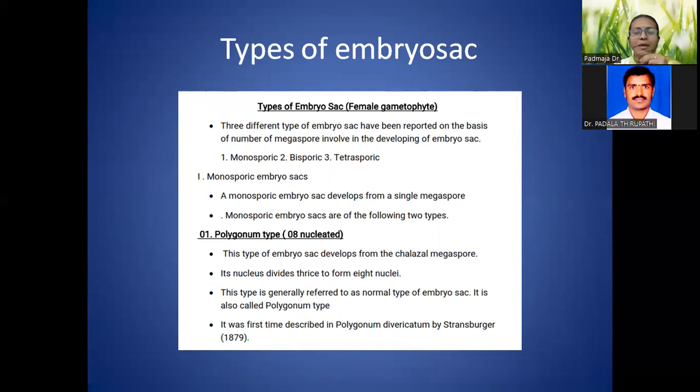The haploid nucleus undergoes 3 mitotic divisions. As a result, 8 nuclei are formed. So this type is generally referred to as the normal type of embryo sac. It is also called Polygonum, because it was first discovered in the Polygonum plant, and it was studied by Strasburger.